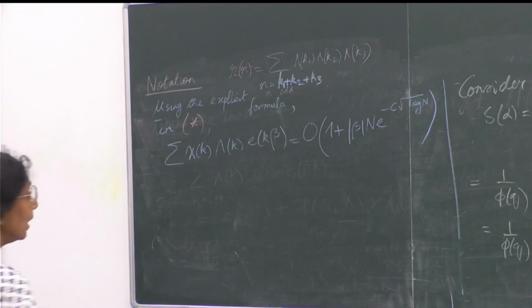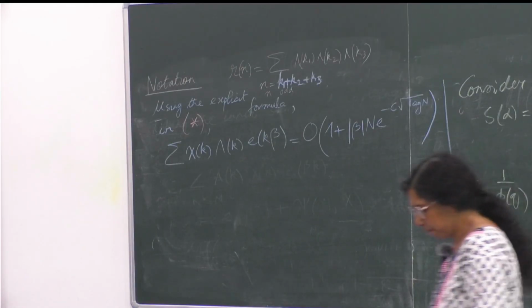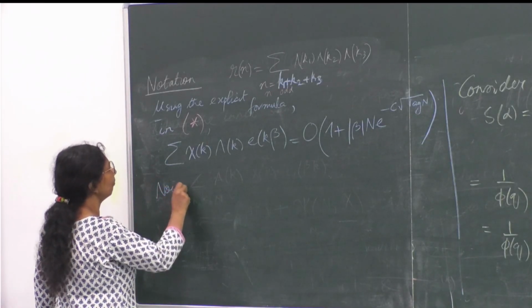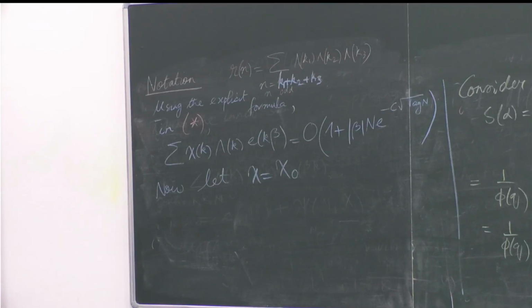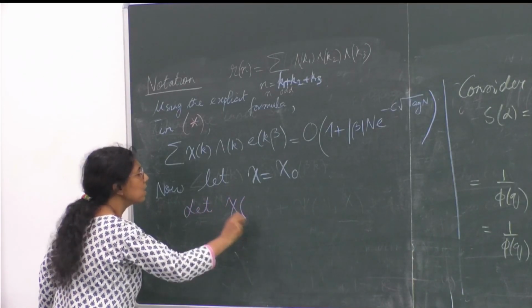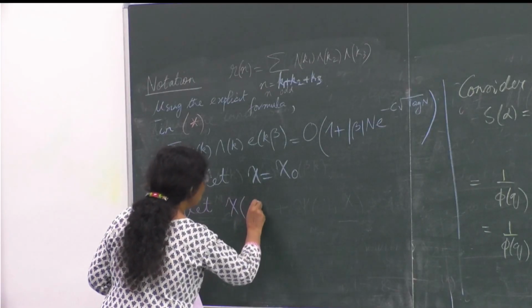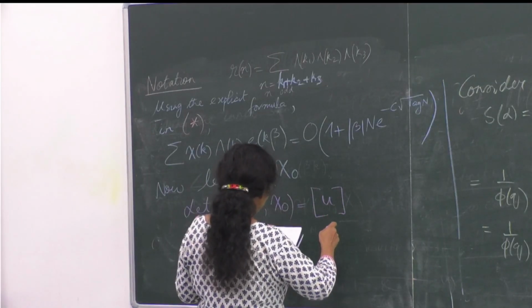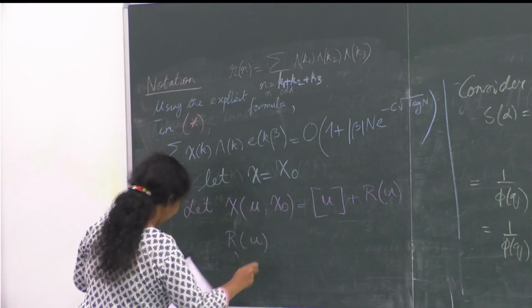Okay. Now here, chi was not chi 0. So the case where chi is equal to chi 0, if chi is equal to chi 0, then I'm going to write psi of u, chi 0, and this is equal to u plus r of u, where r of u, what is it equal to?